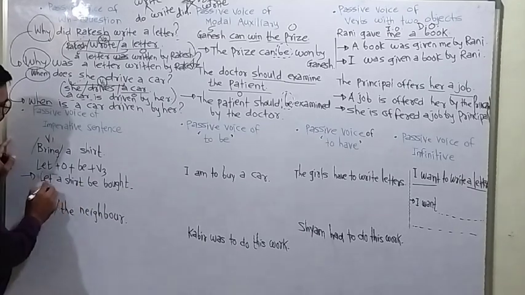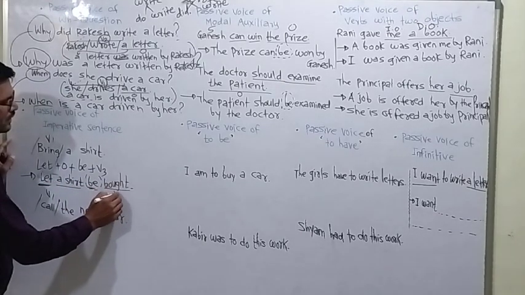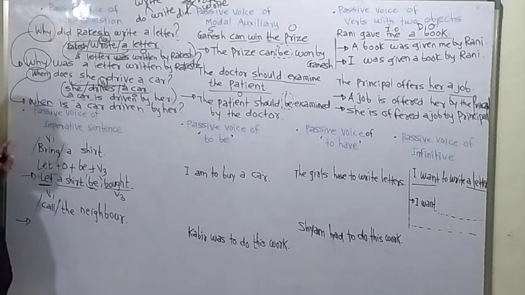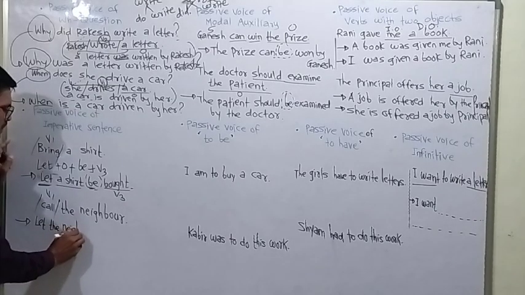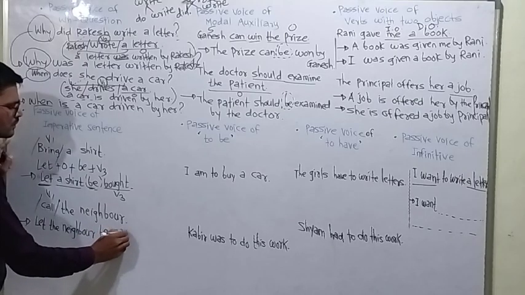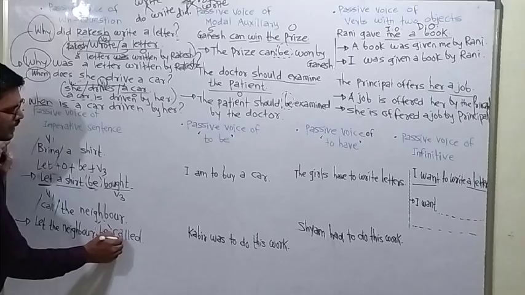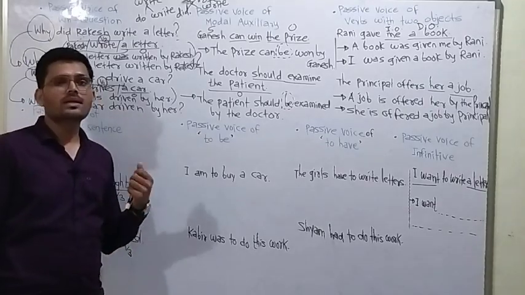Let plus object plus be plus V3, that is the passive voice of an imperative sentence. Next example, call the neighbor. Let the neighbor be called. Be is a new word. Called is the V3. So that is the passive voice of an imperative sentence.